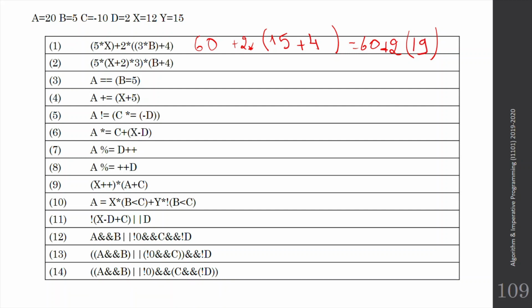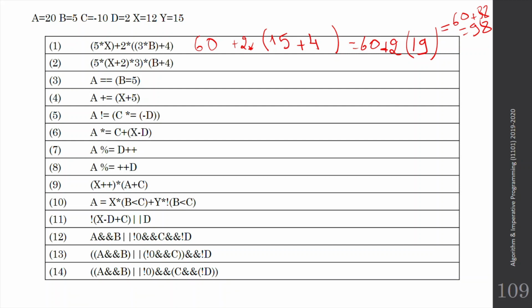So 2 multiplied by 19 is equal to 38, and 60 plus 38 is equal to 98. So the value of this expression is 98, and neither variable x nor b got its value changed.